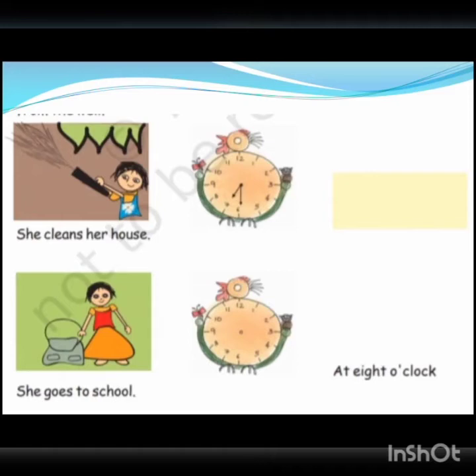So our hand should be in between the numbers 7 and 8. And you can see that the minute hand lies on 6. So this represents, yes, 7:30. So we can write she cleans her house at 7:30 in the morning.